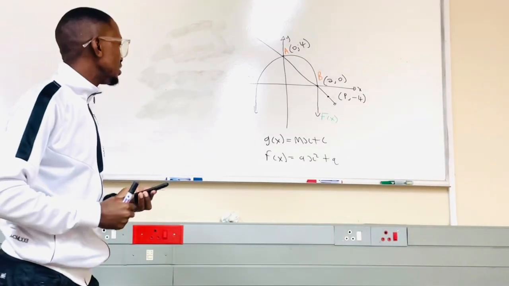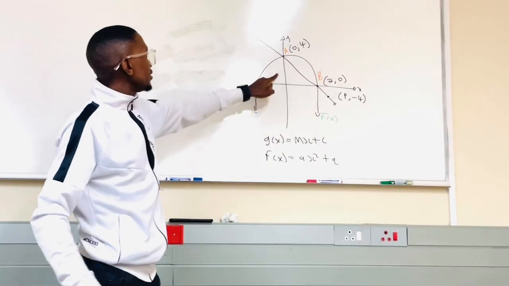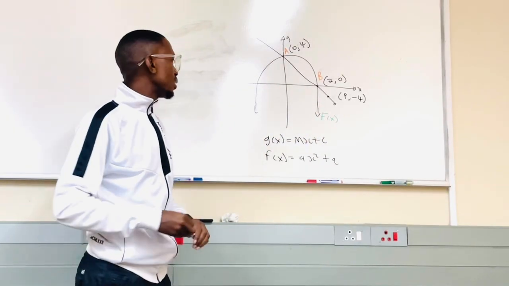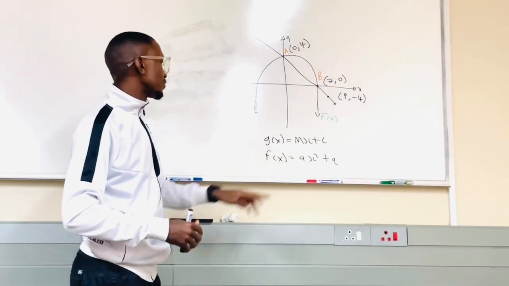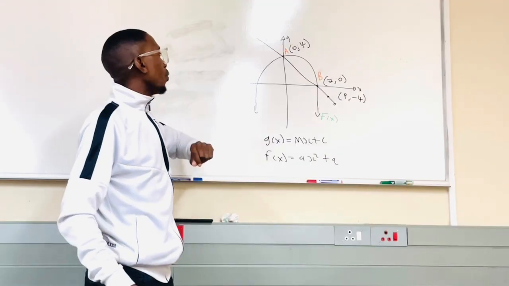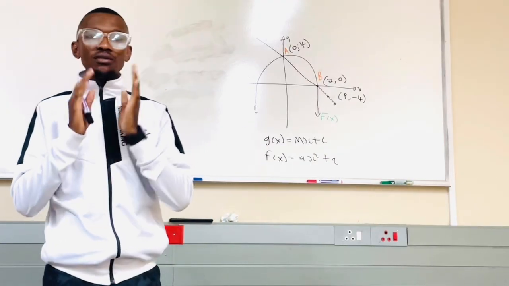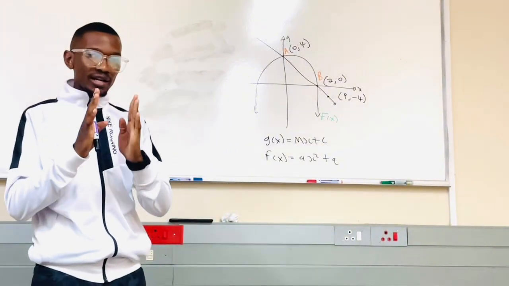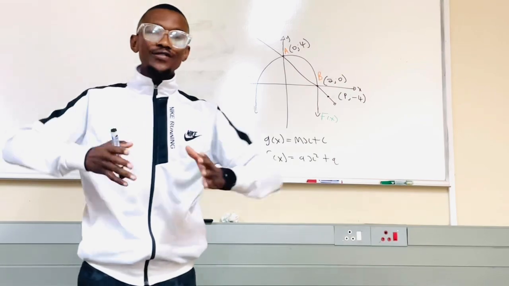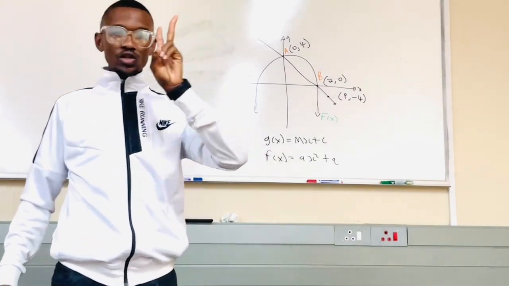Okay, line AB. You have a line here. They are asking you to find the equation of this line. And remember, our equation of a straight line is always in the form of what? mx plus c. So in order for us to get the equation of a straight line, remember guys, from analytical geometry, you must make sure that you have at least 2 points.